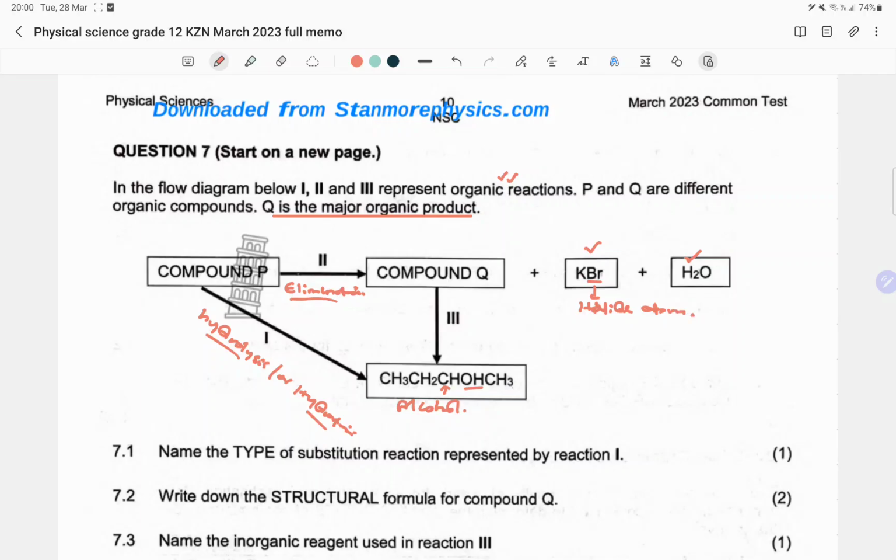or you can say halide ion, or you can commonly say halogen, but the halogen is a diatomic version of this element of group 7. Potassium is basically just sitting there because something that went with potassium got lost in the process.